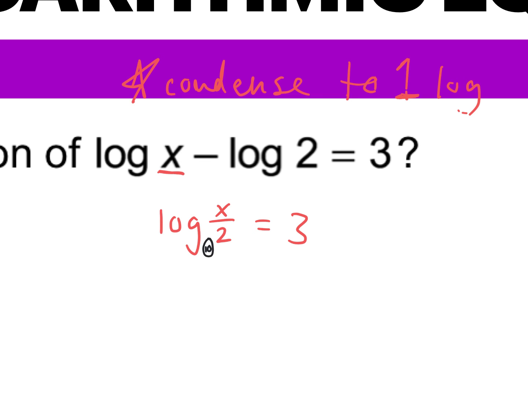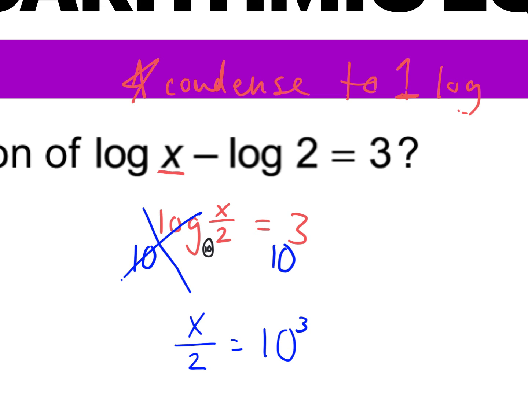So we want to raise both sides of our equation here with a big base of 10. So what happens on the left side when we have 10 to the power of log base 10? Cancels. So then we're just left with x divided by 2. And that's equal to 10 to the third power.